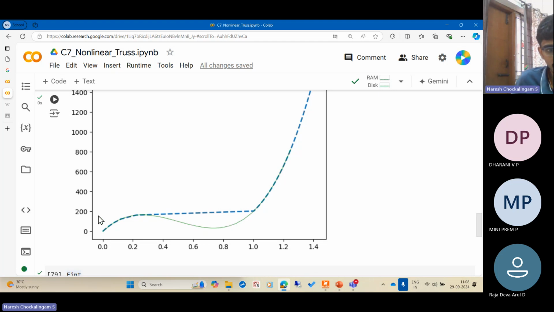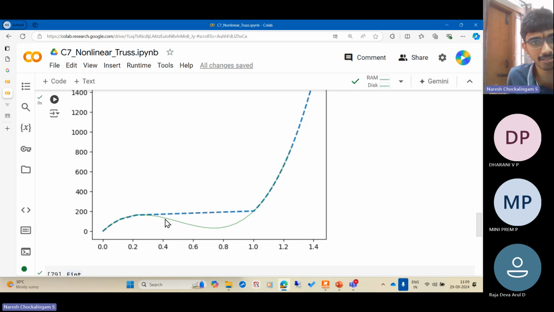The problem here is when we do load control, we cannot see the actual curve. For example, this is the equilibrium path of this structure. Beyond this point, the force has to decrease if we want to keep the displacements under control. But we don't have control on the force.